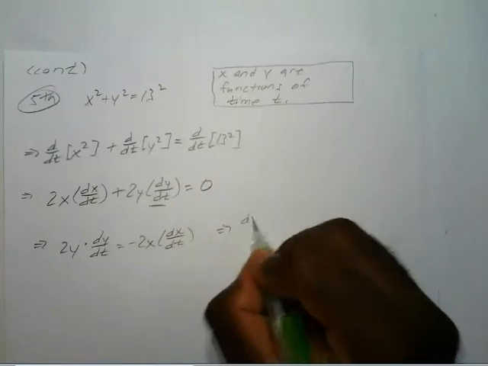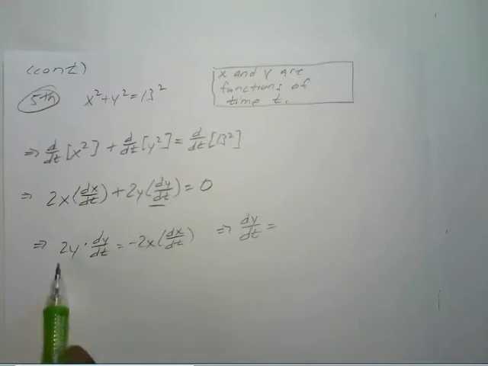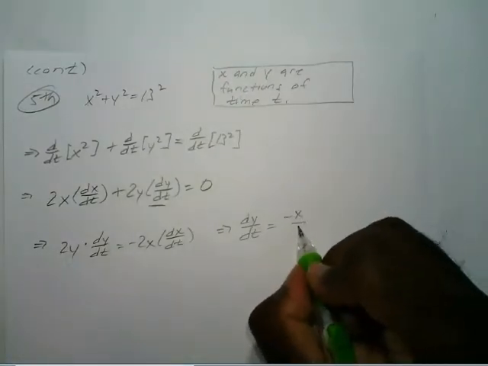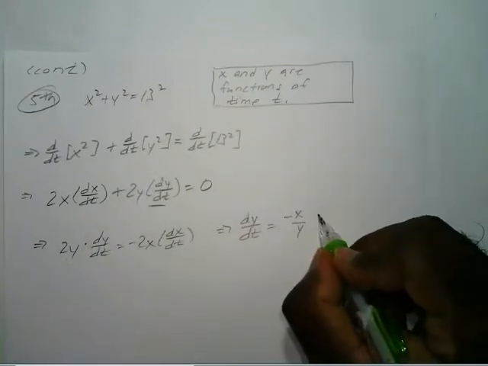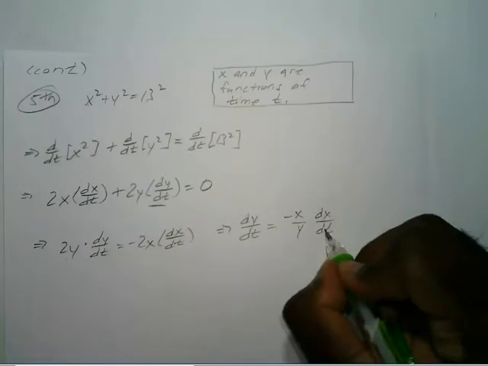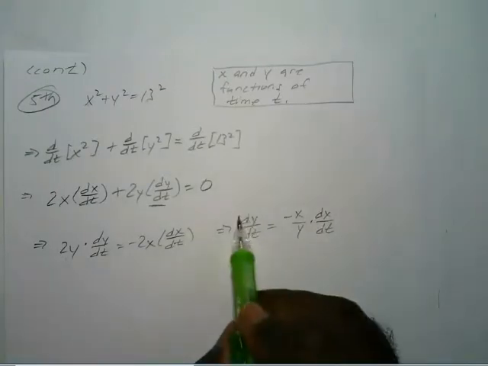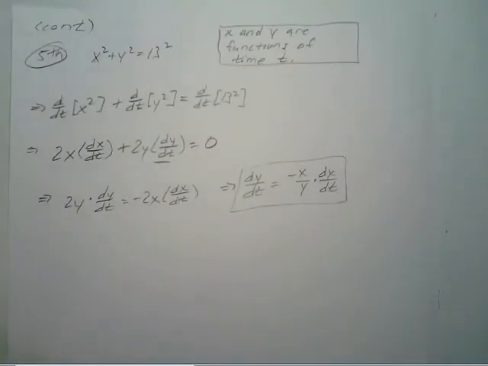You have dy/dt equals negative 2x over positive 2y. That simplifies to negative x over y times dx/dt.